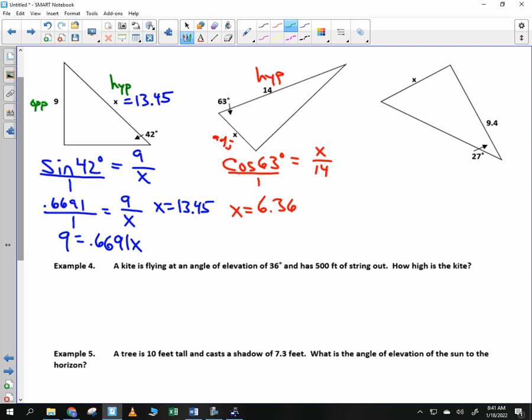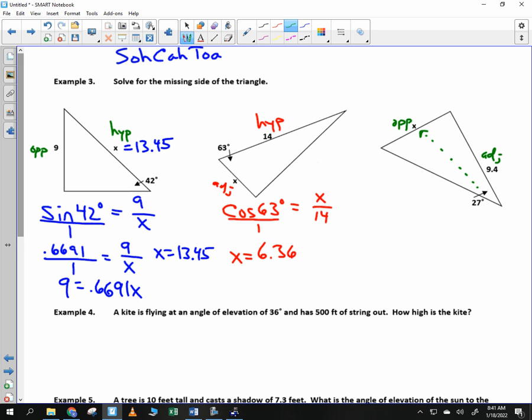Opposite, adjacent, or hypotenuse? If I look at the angle and I go across, I find x, so that would be, in this case, the opposite. Looks like this one is the hypotenuse, so this one over here is adjacent. So it looks like I'm given the adjacent, I'm finding the opposite. Sine, cosine, or tangent? Tangent.